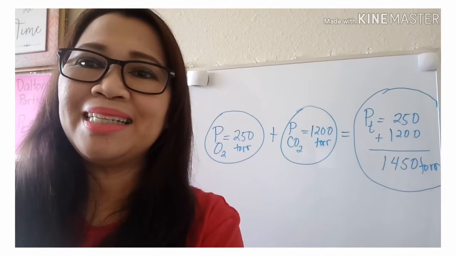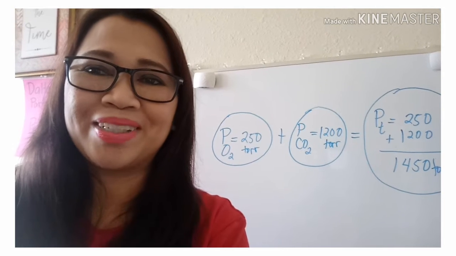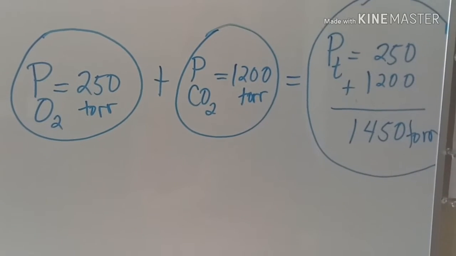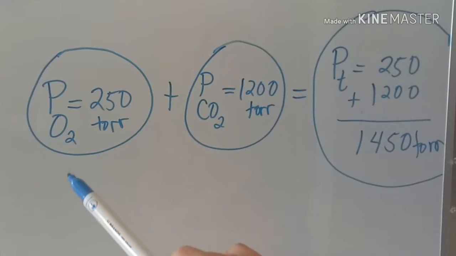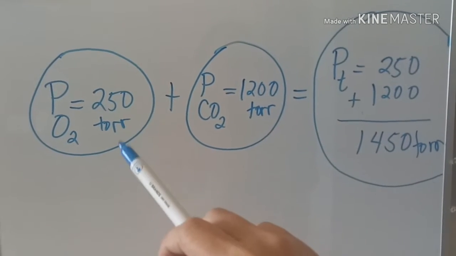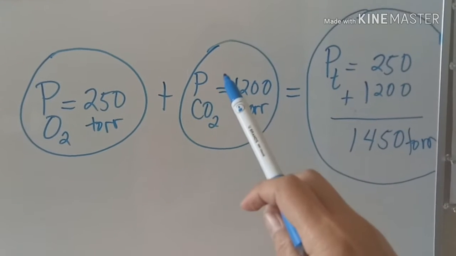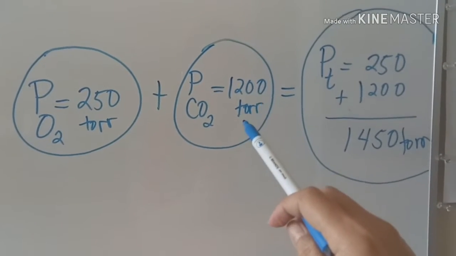Alright, so this time let us have an application of the formula of Dalton's law of partial pressure. For example, we have pressure 1, that is the pressure of oxygen, which is equal to 250 torr, and it is added to the pressure of carbon dioxide, which is equal to 1,200 torr.